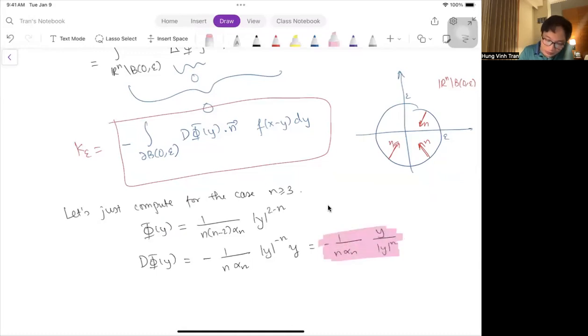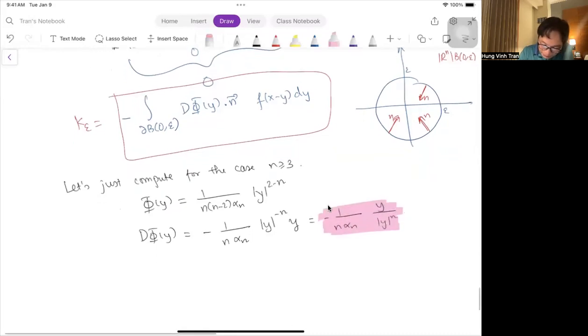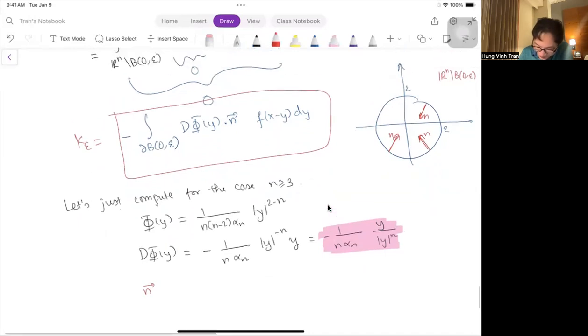Okay, and also what is our normal vector n, right? You can see that it's a ball of radius epsilon. The normal vector is pointing out of the domain, outside, right? So the normal vector n is nothing but exactly minus y over |y|.